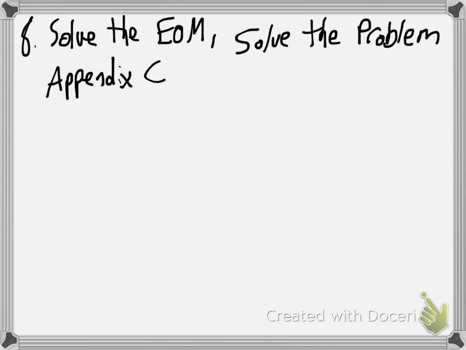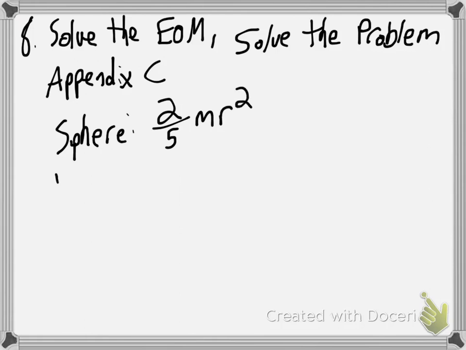and for you guys it's appendix C, there's a table full of mass moments of inertia. For a sphere, it's 1/2, or I'm sorry, that's not right. No, for a sphere, it is 2/5 mr squared. For a disk, it's 1/2 mr squared.